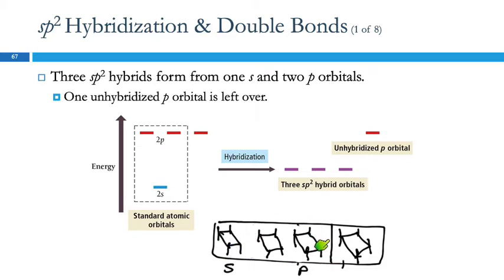Now we have this room that has an s bed and 2 p beds. And so this is sp2. And then what we have left is a p orbital that is unchanged. And so that's this guy out here. So we take these 3 and merge them together, hybridize them. We're going to get 3 equivalent orbitals. And this one that wasn't averaged in there just stays the same.